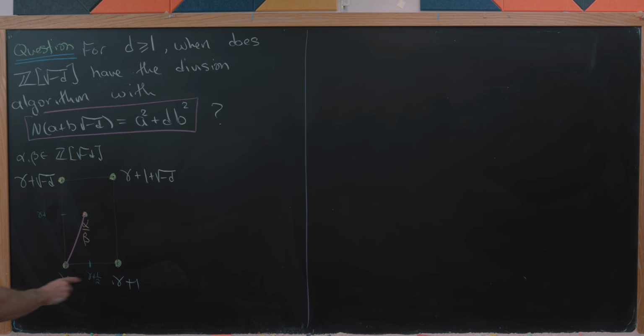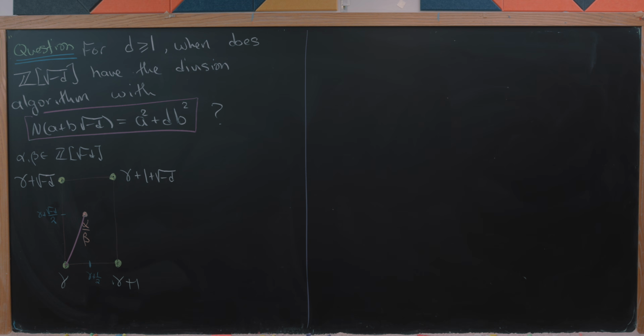So we've got gamma plus 1/2 there because it's right in the middle, and then gamma plus the square root of minus d over 2 there because, again, we're right in the middle. And we'll need this distance, or the distance squared, to be less than 1.